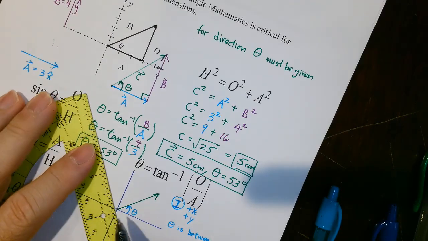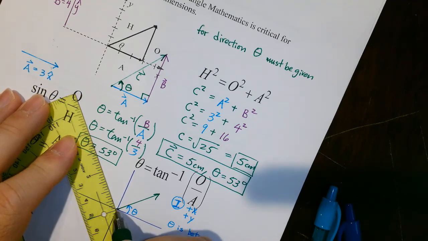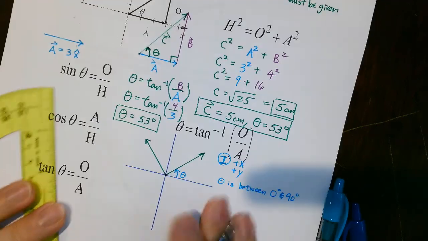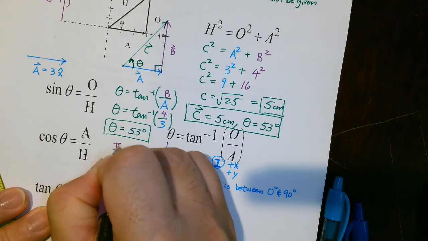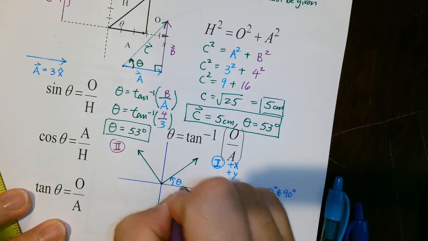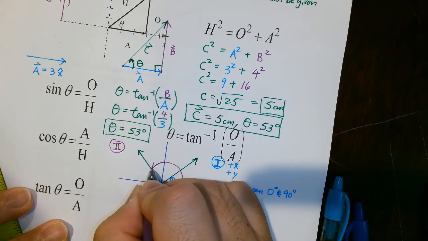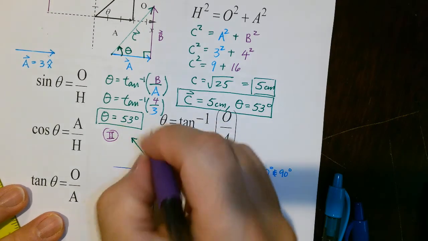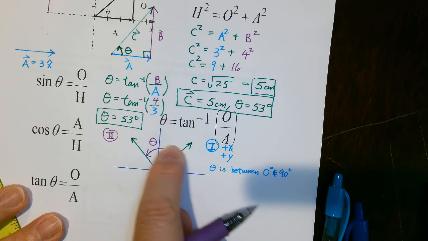Let's say I have my resultant vector in the second quadrant here. Then in the second quadrant, your angle is measured from the positive x-axis to where the vector is. This is my theta, from here all the way over.